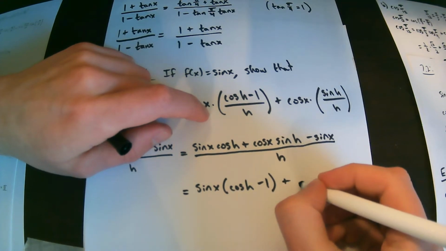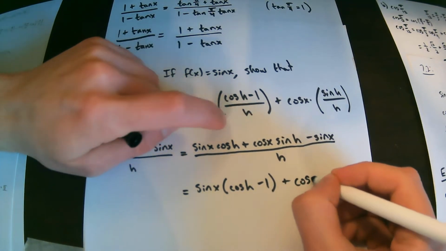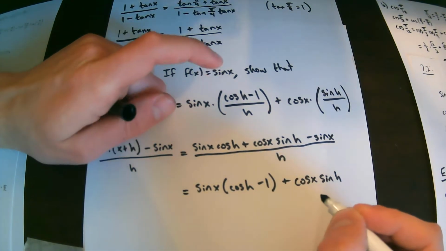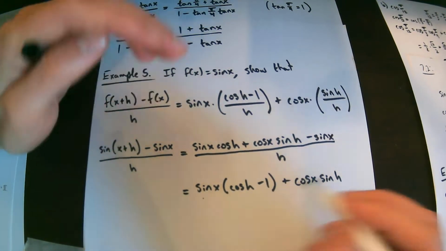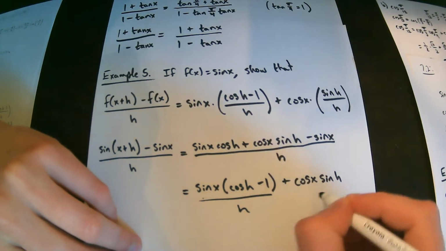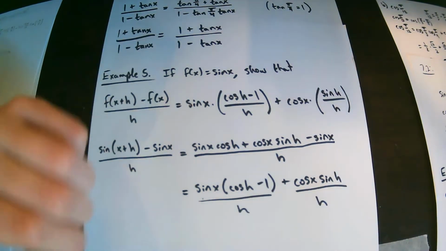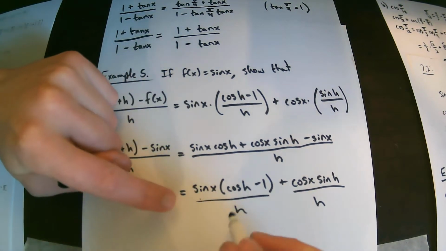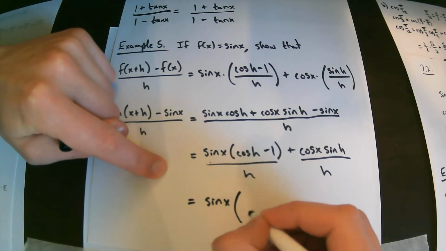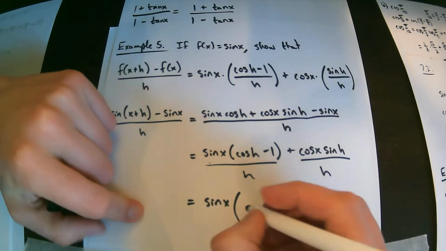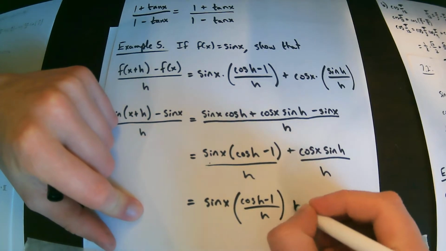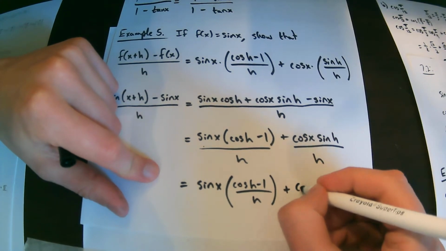And then the last term that's left, that middle term, is cosine x sine of h, and this is all over h. If it's all over h, I can split the fraction and say this is over h and this is over h. That's fine. And that's basically what they want, except they just want me to write it as sine x times, just storing the h under just this part of the fraction for this first term, which is a legitimate algebraic thing to do.